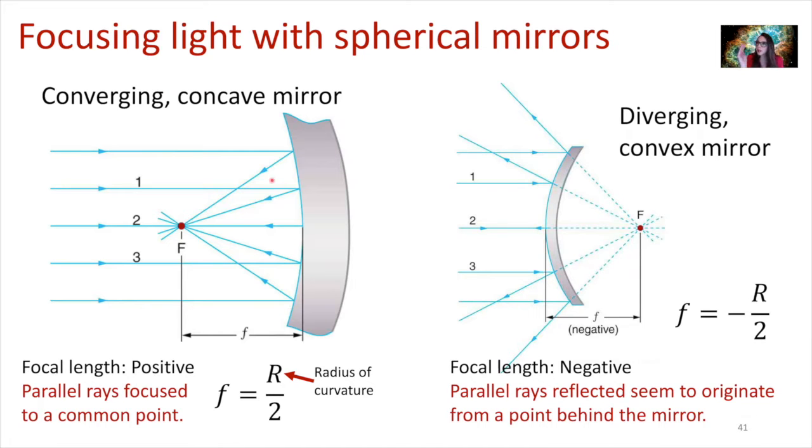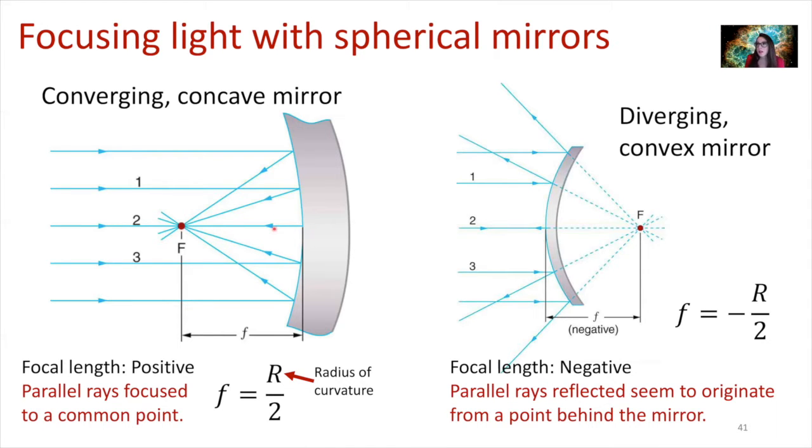In a concave mirror, you've got the bowl of the mirror and the light is coming in toward that bowl, toward that cave. Here we have light coming in parallel to the axis down the center of the mirror. That light strikes the mirror surface and gets reflected toward some singular point that we call the focus of the mirror. And the distance that that focus is away from the center of the mirror, that's the focal length.